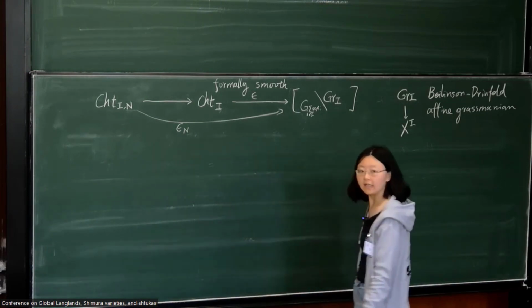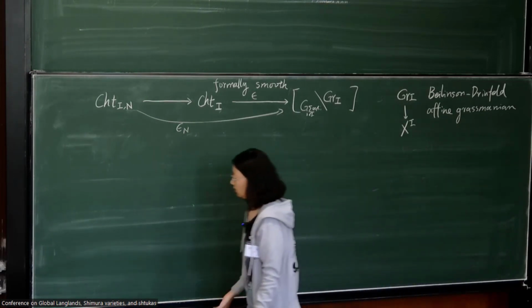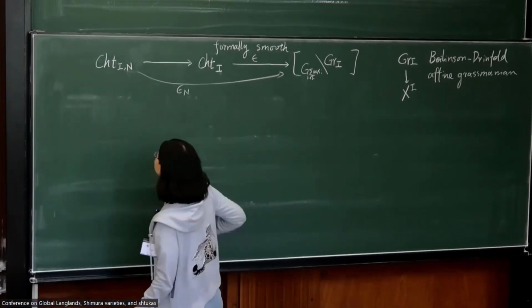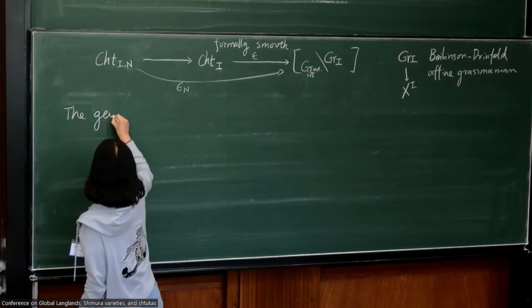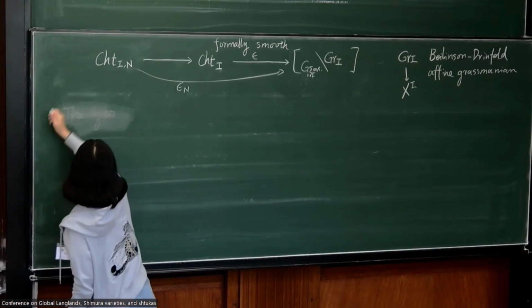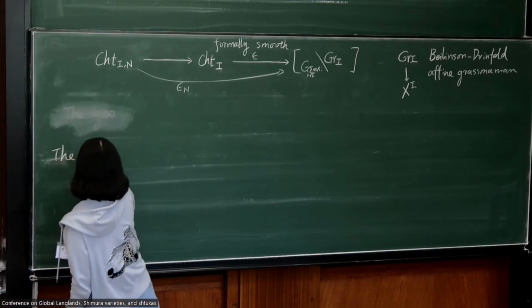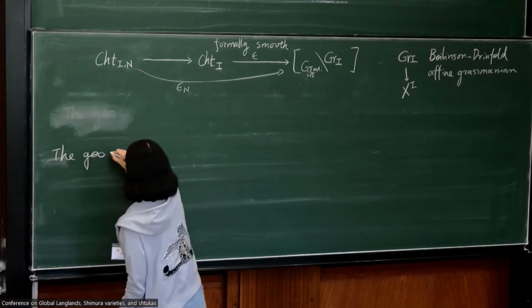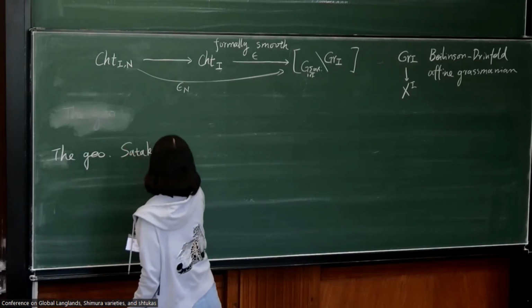The geometric Satake equivalence gives us perverse sheaves on this Beilinson-Drinfeld affine Grassmannian.